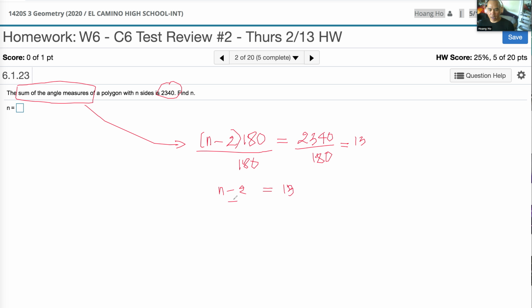To find the value of n, I need to get rid of the minus 2, so I add 2 on both sides. I get n equals 15.